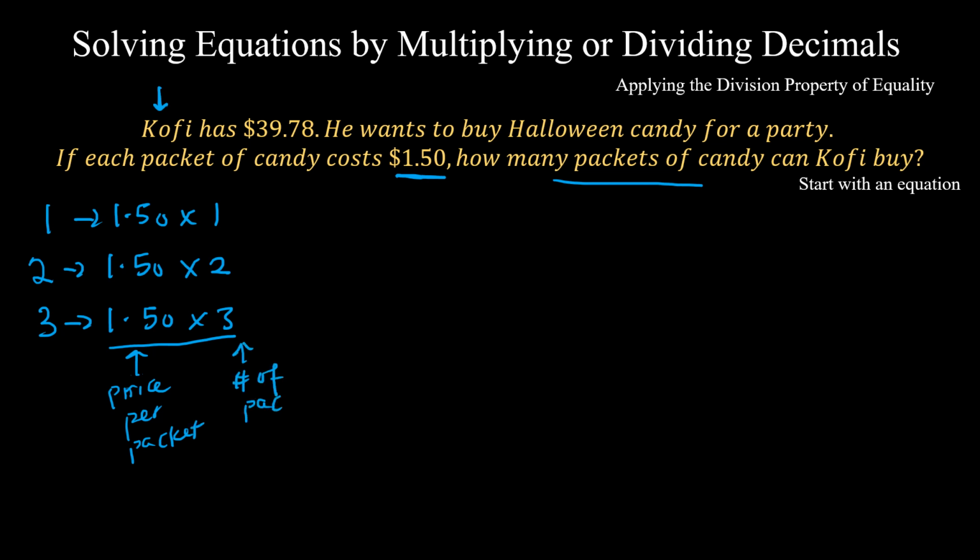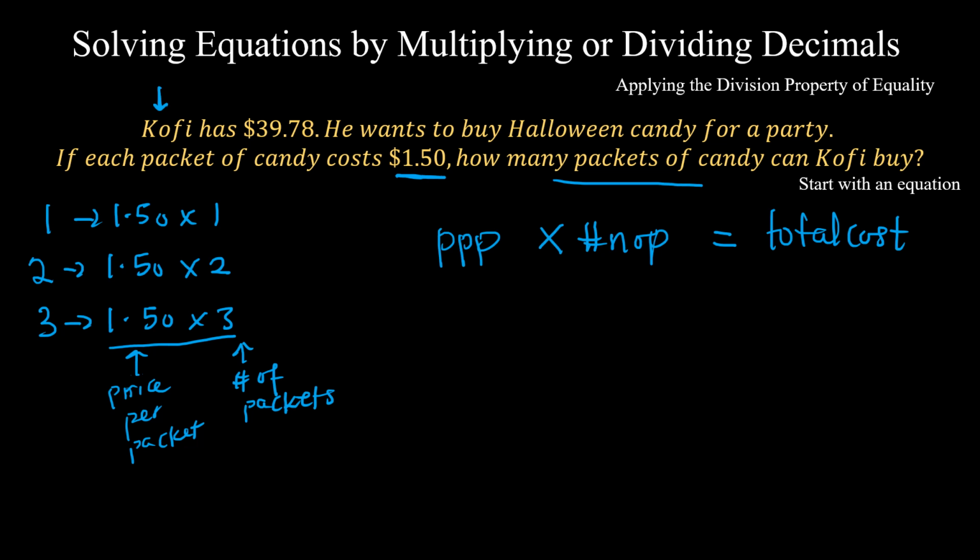Okay, so we're going to use this to set up our equation. Our price per packet, let's say it's called PPP, times the number of packets, NOP, is equal to total cost in this case. Okay, so why don't we fit in our numbers, and we're going to fit in a letter where we don't have a number.